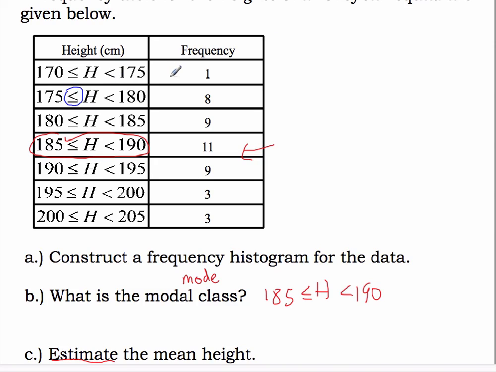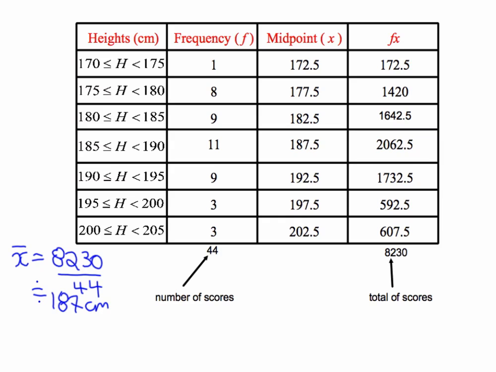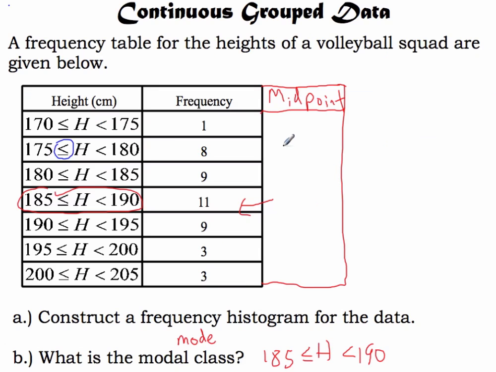What we're going to do is guess that this person in this range is halfway between 170 and 175. We call that number halfway between the midpoint.